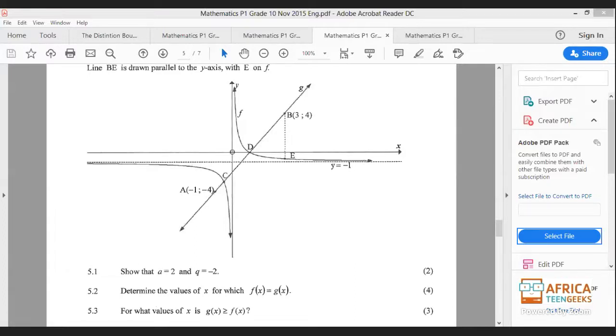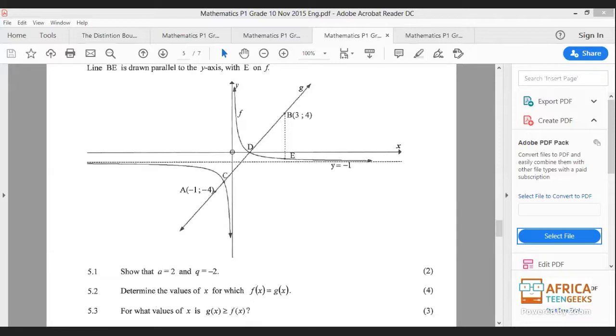In step 2, you choose any value, because both A and B lie on the g of x. So you can choose either point A or point B to substitute in your g of x. Let's choose B, which is 3 and 4, because it doesn't have negatives, but both of them will work.